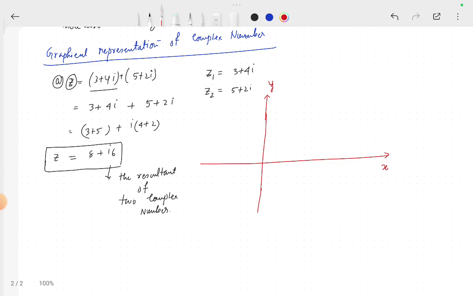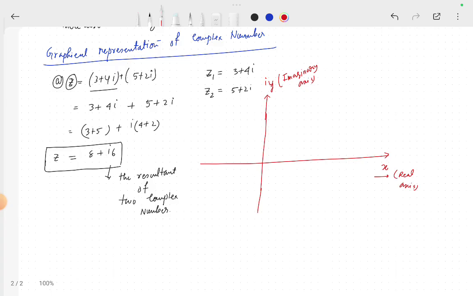So this is the real axis, and this is the imaginary axis, and the plane is called the complex plane.